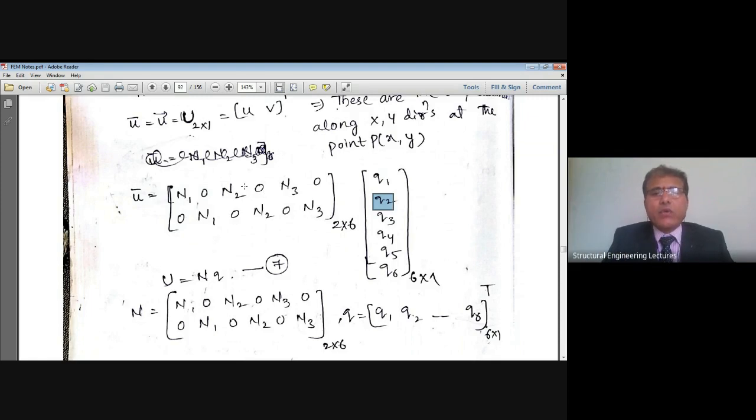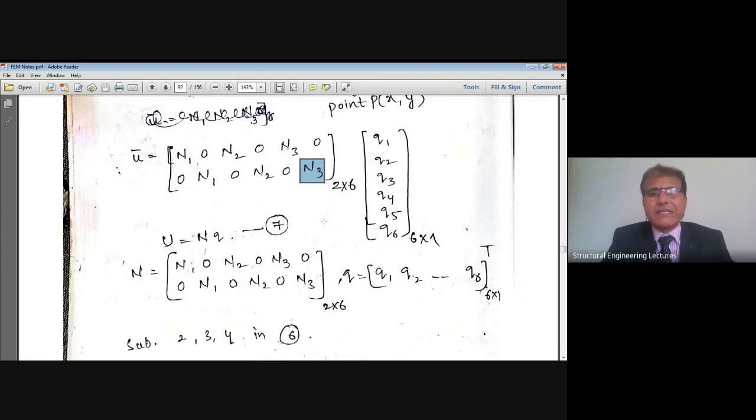Similarly, N2 multiplied by q3, and 0 multiplied by q4, N3 multiplied by q5, 0 multiplied by q6. Similarly, for v, I get 0 multiplied by q1 and N1 multiplied by q2. Similarly, 0 multiplied by q3, N2 multiplied by q4, 0 multiplied by q5, N3 multiplied by q6.